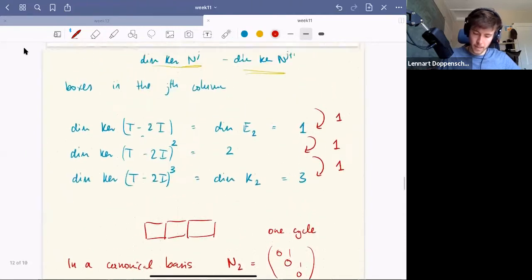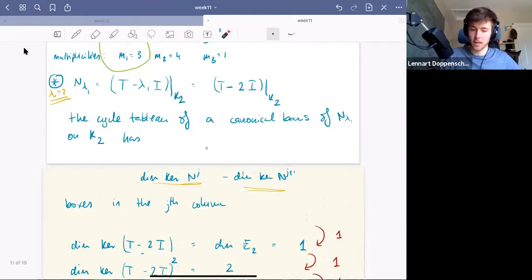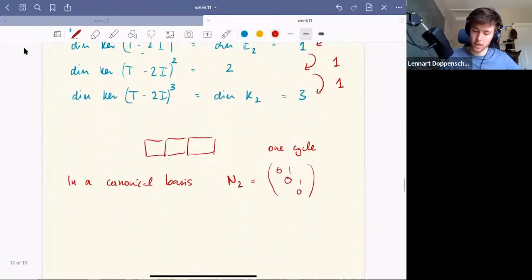So now remember that n2 was just here exactly where we subtracted lambda times I, but now we just have to recover t. And there was a discussion we had last week.